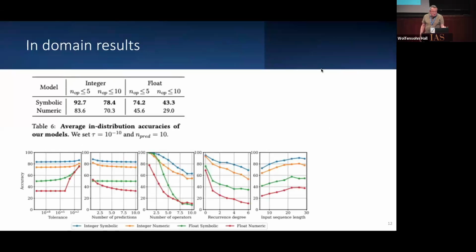Anyway, the main results were these. You see the top table. There are two models, the symbolic model that predicts a function and the numeric model that directly predicts the next values. I have the integer and float sequence cases, and two subcolumns which correspond to small functions or large functions. N ops is the number of operators in my function.